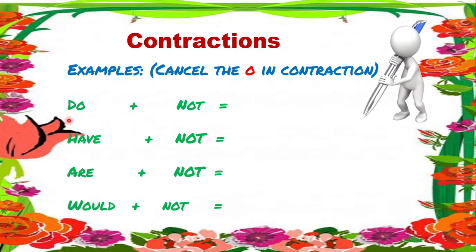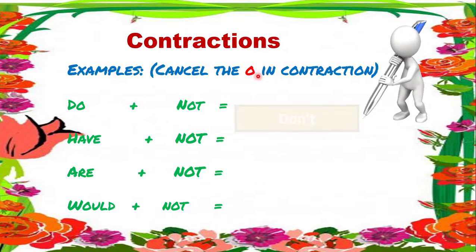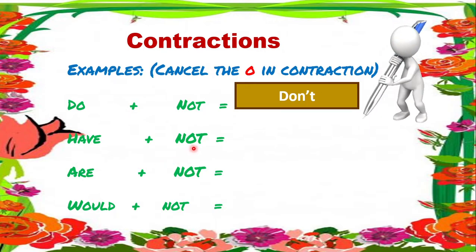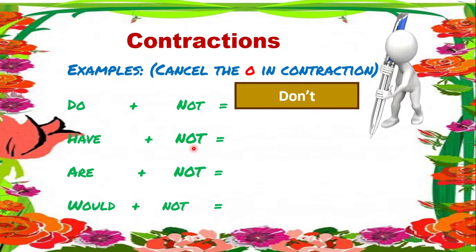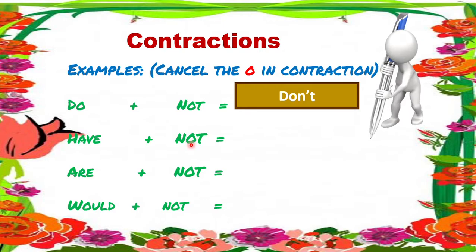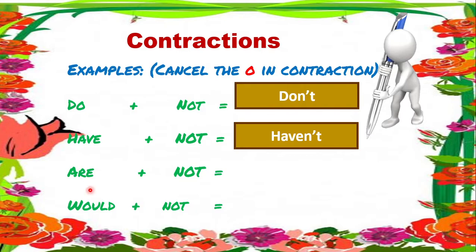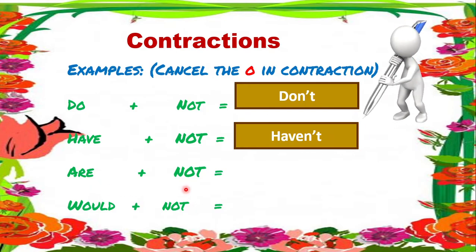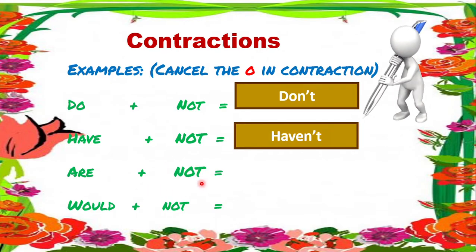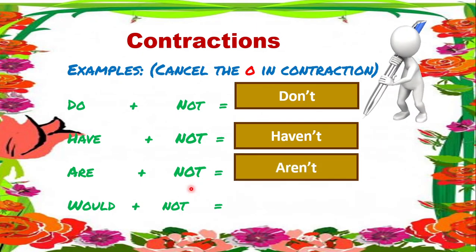So again, do and not. What word does it make? We cancel the O. So it makes don't. Have and not. The same thing. We cancel which letter? O. And we put an apostrophe instead. Haven't. Are and not. Again, what do we do? We remove the letter O and put an apostrophe.